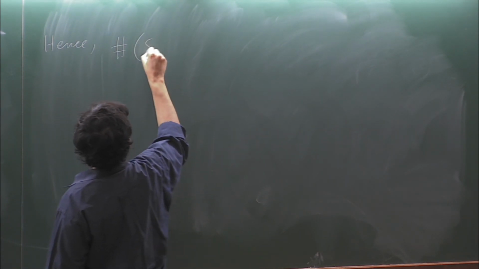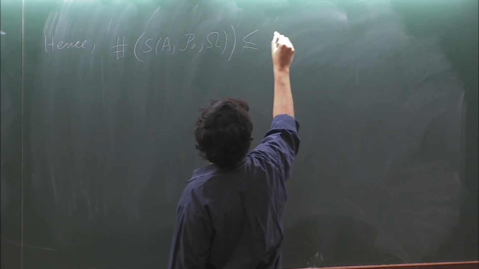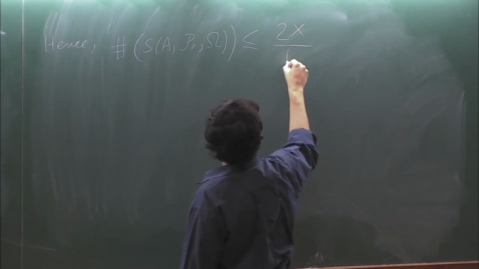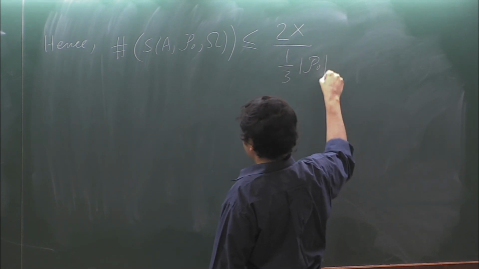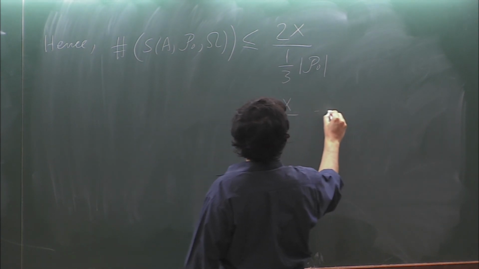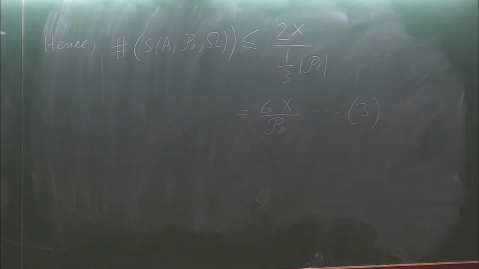So using this, the size of S is bounded by 2x over H_Q, which is 1/3 P naught, and that is just 6x over the size of P naught. So that's equation 3, let's say. This is an upper bound for the right hand side, and this is a lower bound for the left hand side.